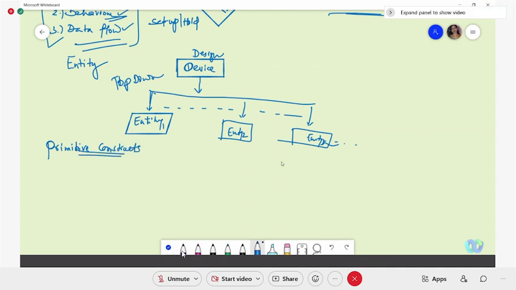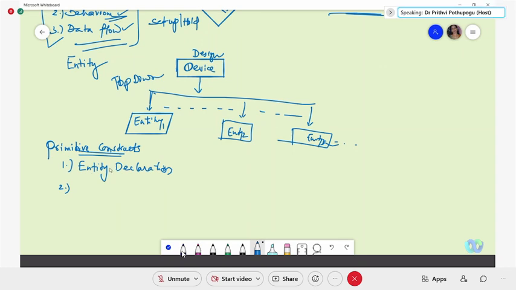These entities will be defined using 5 primitive constructs. The first one will be the entity declaration. You can relate this entity to a module in your Verilog. That is not different from your Verilog coding.